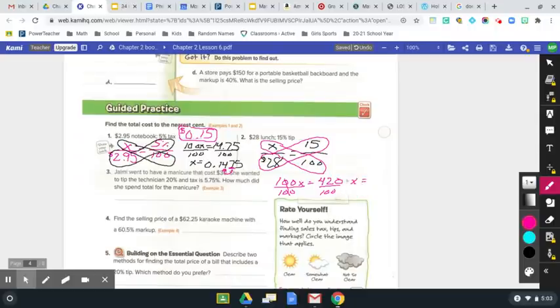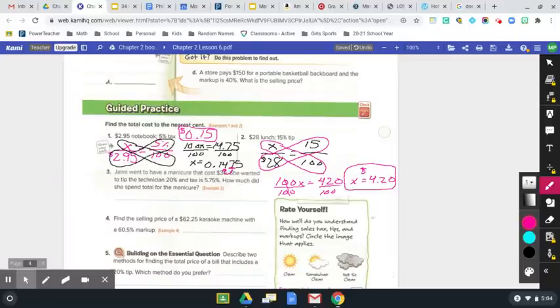That decimal is going to move 2 places to the left when you divide by 100. Anytime you divide by 100, 2 places to the left, you get 4.20. This works out perfect. There's your dollar and cent amount exactly. So the tip amount that you're going to leave is $4.20 when you spent $28 at lunch. That's how much you're going to leave for the waitstaff.